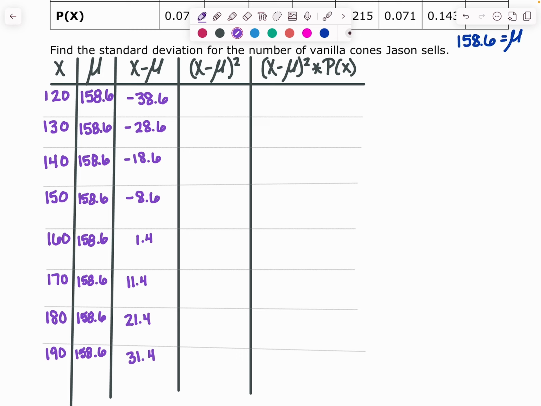Then take the previous column and square the number. Make sure you're putting the negatives in parentheses.